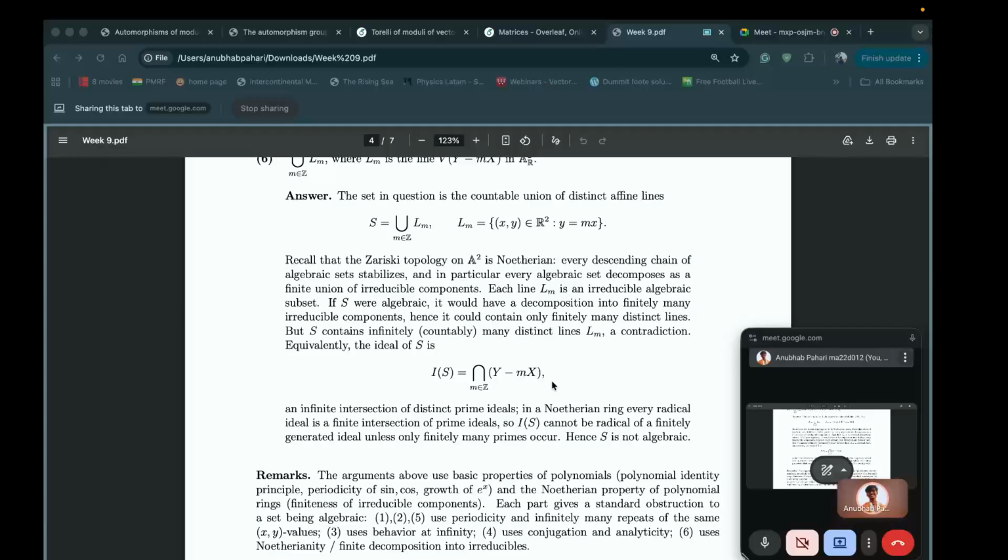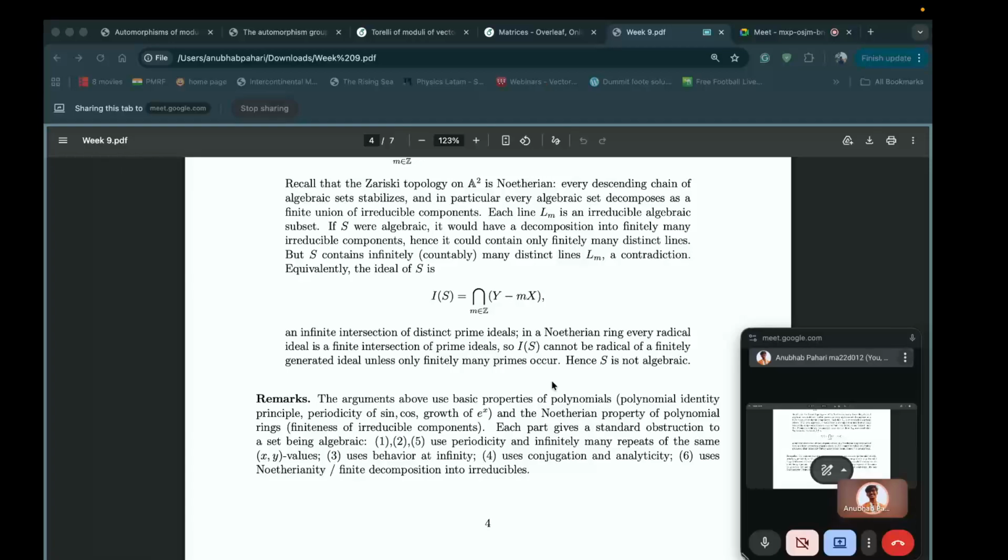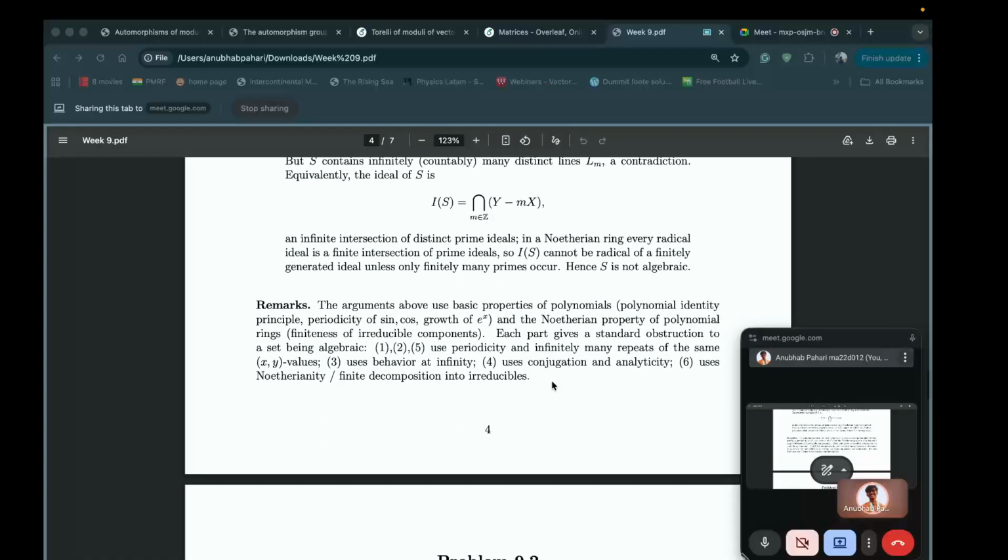Equivalently, the ideal of S is I(S) = the intersection of (y − mx), where m is running over Z, an infinite intersection of distinct prime ideals. In a Noetherian ring, every radical ideal is a finite intersection of prime ideals, so I(S) cannot be the radical of a finitely generated ideal unless only finitely many primes occur, and hence S is not algebraic.